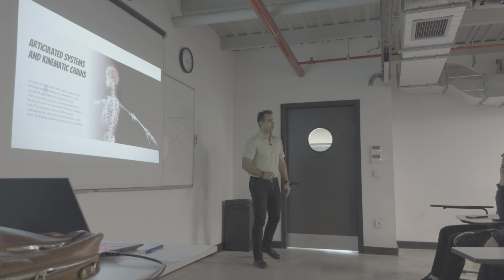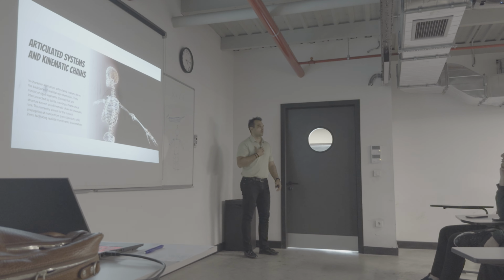In forward kinematics, my inputs are joints. My inputs are rigid bodies. My inputs are my actuators, which are our muscles.